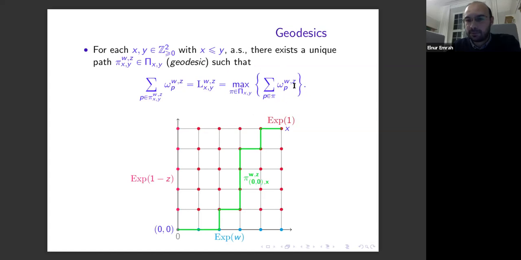So this was the formula. Now, almost surely, there's a unique path that maximizes this quantity. That's called the geodesic from vertex x to vertex y. Here, the green path represents the geodesic from the origin to vertex x.